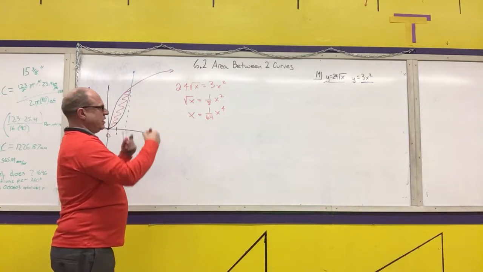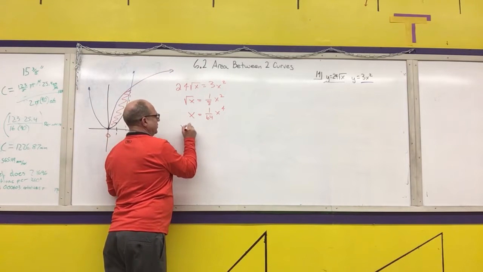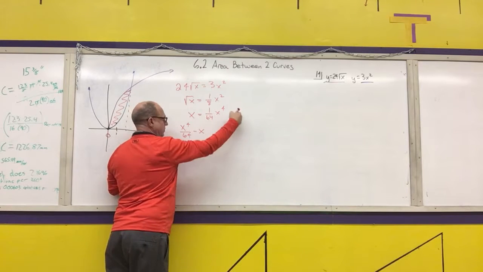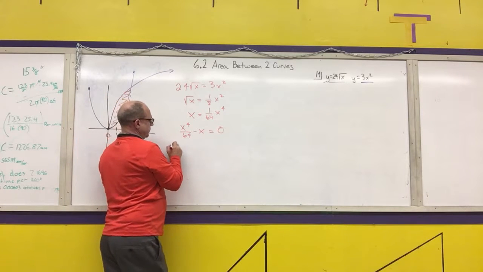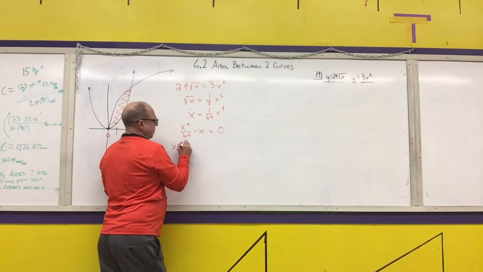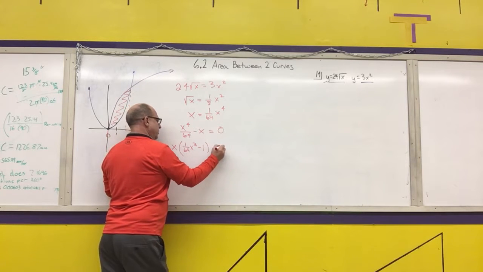Bring everything over to one side. So I get x to the 4th over 64 minus x equals 0. Factor out an x. And that leaves me with x times (1/64 x cubed minus 1) equals 0.